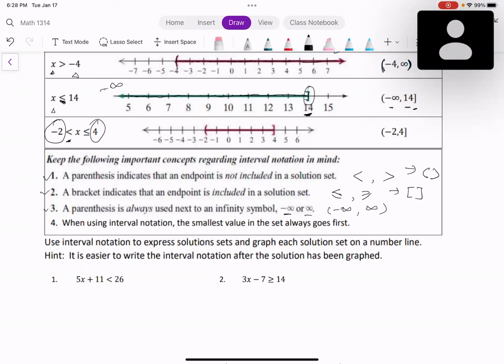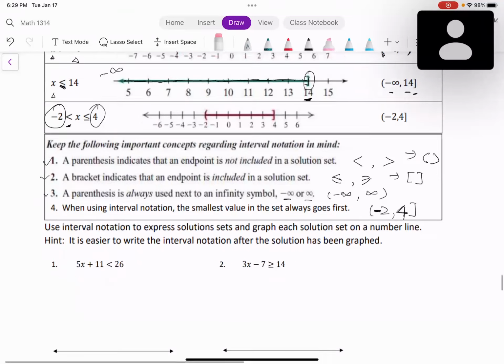So if x is between -4 and -2, and -4 is included, that means we need to put -4 first and then -2 second. We can't say -2, -4. So the small number always goes first.